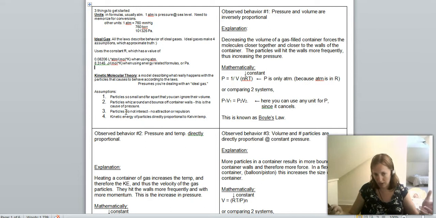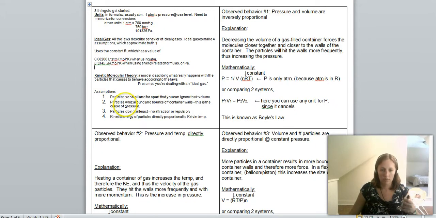What's the temperature of the entire sample? But you've got to use kelvins because that's your absolute temperature. Celsius doesn't work. So typically you're not able to use Celsius when you're doing these formulas, and you have to remember how to convert from Celsius to Kelvin, which is to add 273 degrees.